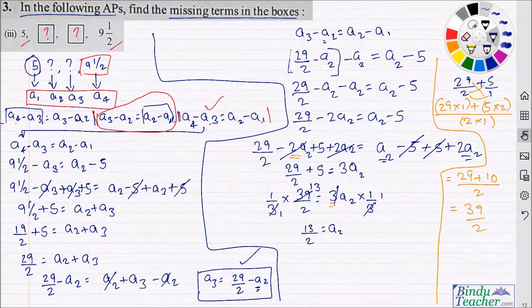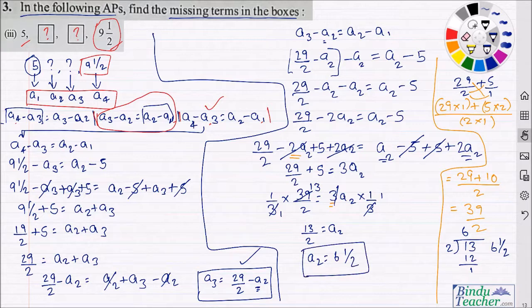Okay, now how do we convert 13 by 2 into a mixed fraction? Because if you see in the question, some of the answers are in the form of mixed fractions. So we will do the same. So 13 divided by 2, 2 into 6 equal to 12, we get 1. So we can write this number as 6 1 by 2. So now we can say the value of A2 is 6 1 by 2.